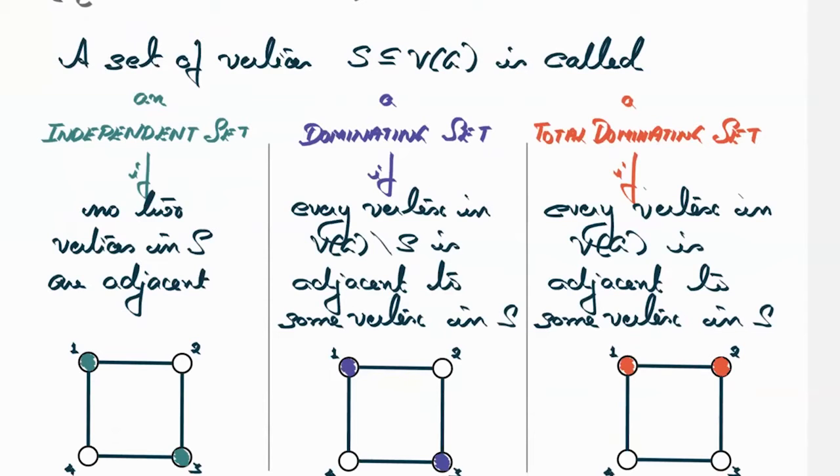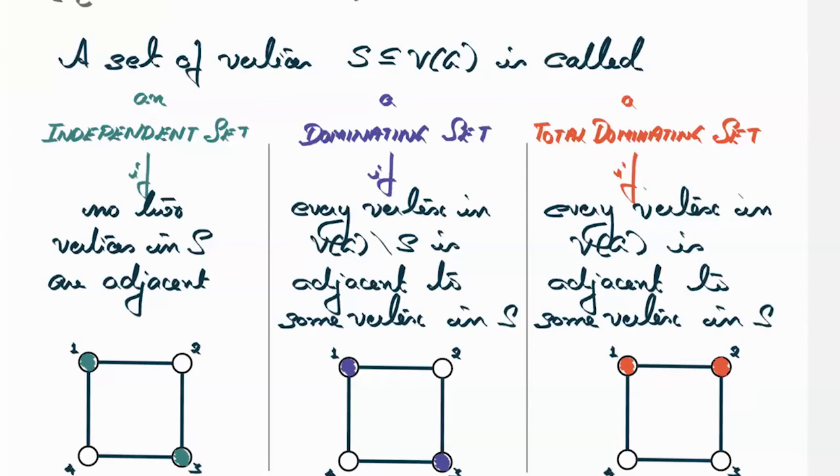And a total dominating set is a set such that every vertex, not just those outside but including the vertices in S, is adjacent to some vertex in S. If you look at the picture in the middle, the vertices 1 and 3 colored in blue form a dominating set, but not a total dominating set, because vertex 1, for example, doesn't have an edge to a blue vertex. Whereas in the rightmost picture, the red vertices 1 and 2 form a total dominating set.